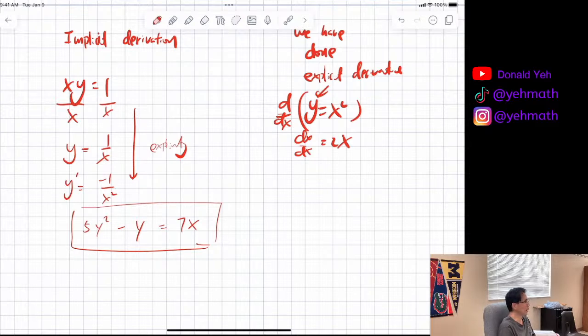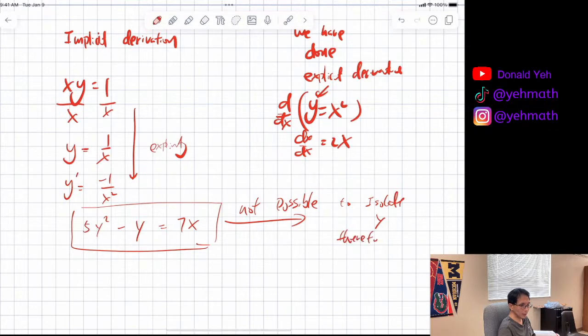If you cannot isolate y, there's got to be another method to overcome this. So, it's not possible to isolate y. Therefore, explicit derivative does not work.